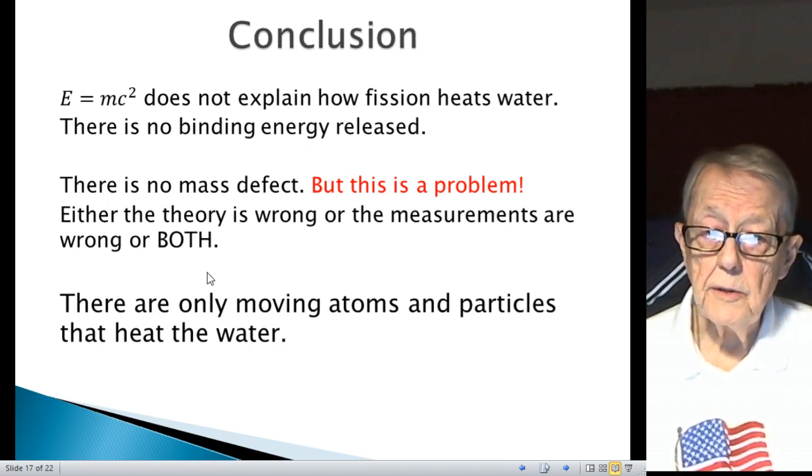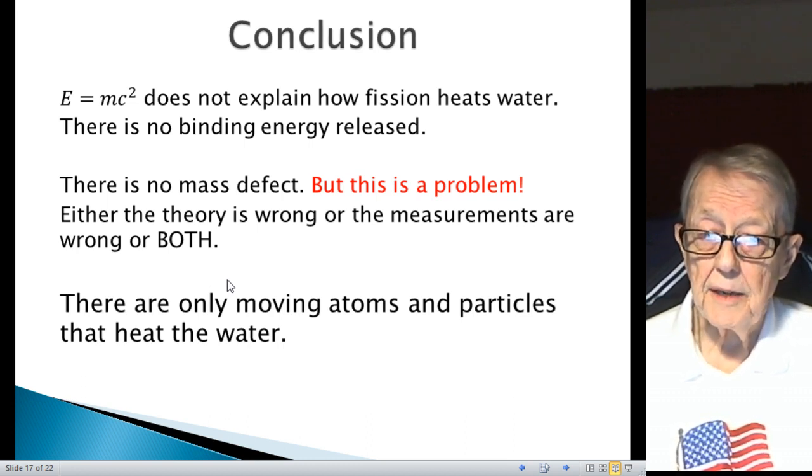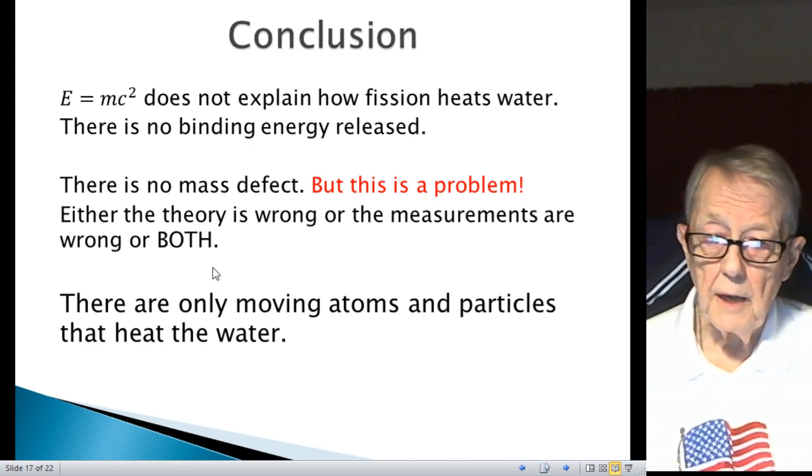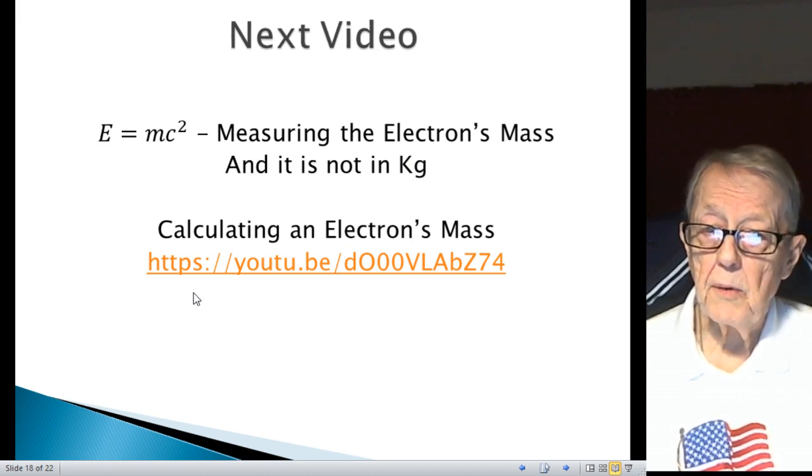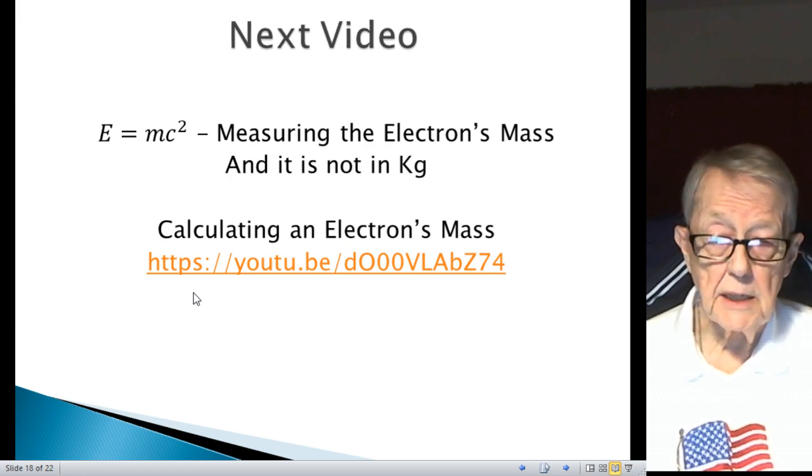The conclusion for the particle model is that it's the moving atoms and particles that heat the water, not the binding energy. My next video on E equals mc squared will be about measuring the electron's mass, and it's not in kilograms. I'm going to review this video.